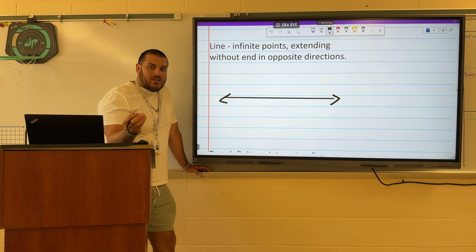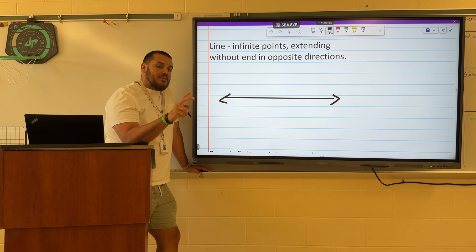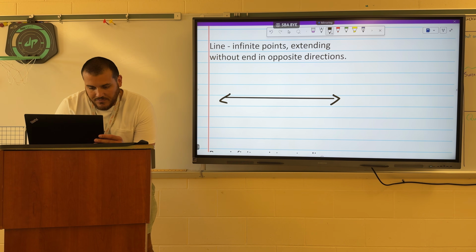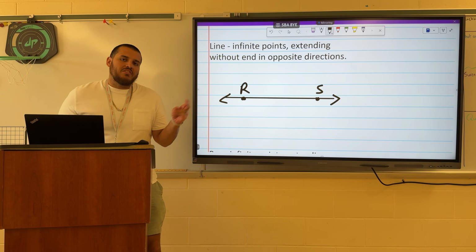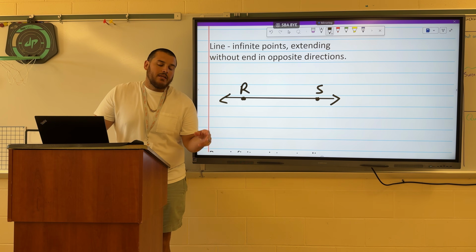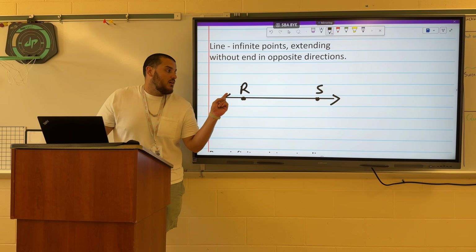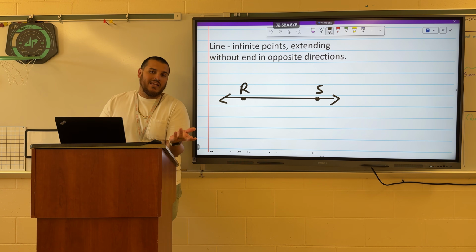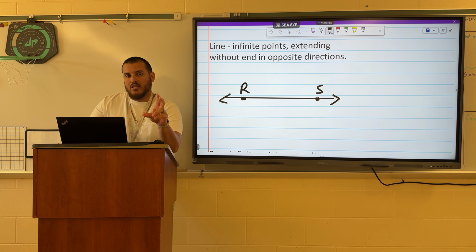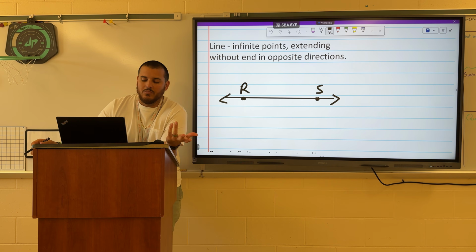In order to name a line or talk about a line, we have to have at least 2 points labeled on that line. So I'm going to go ahead and put a point R here and a point S here. And with these 2 points, I can name the line. The order of the points doesn't matter, so I could call this line RS or line SR. When we write the names of a line down, or when we're reading the name of a line in geometry, we have a symbol given to us.